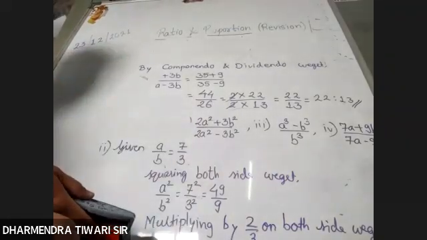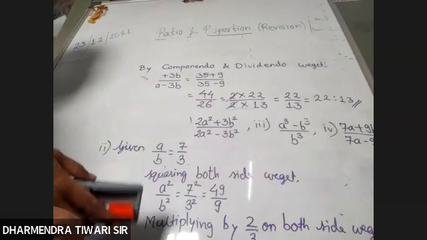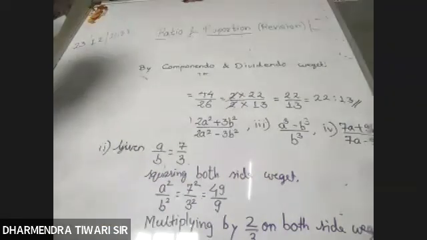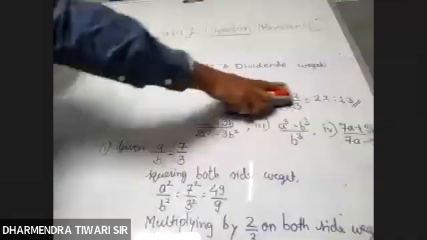After getting the value of 2a square upon 3b square, and since in the expression we are having plus in the numerator and minus in the denominator, we need to apply componendo and dividendo.